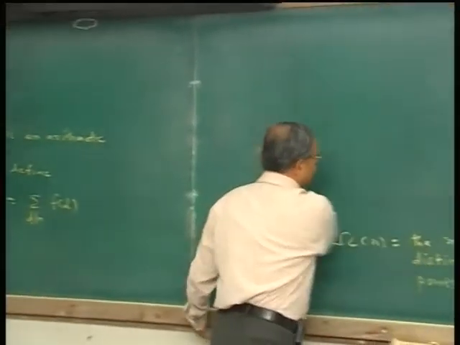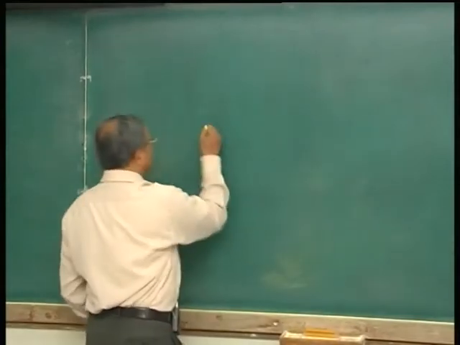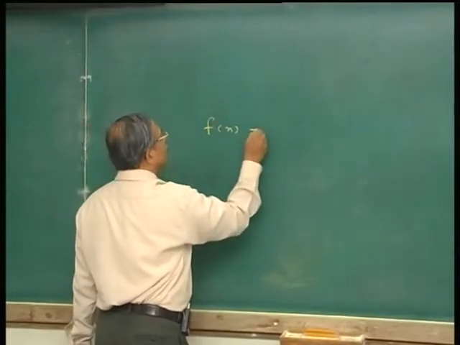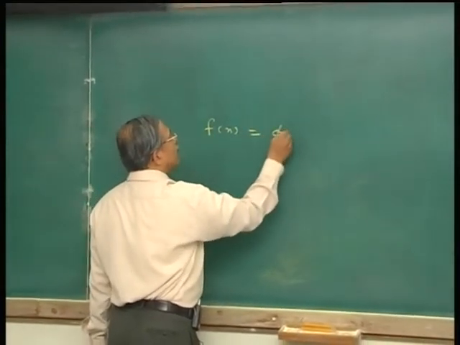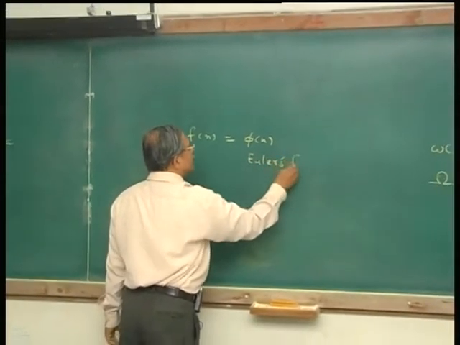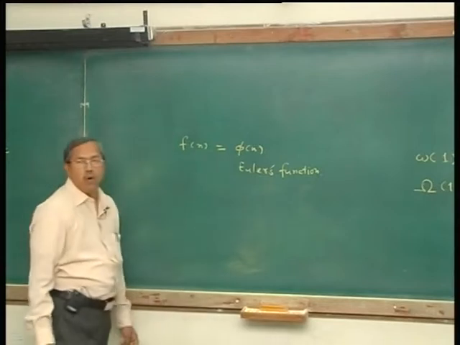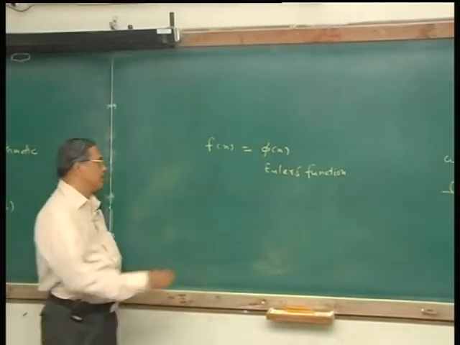So small f(n) equal to, say, phi of n, Euler's function. What is capital F(n)?